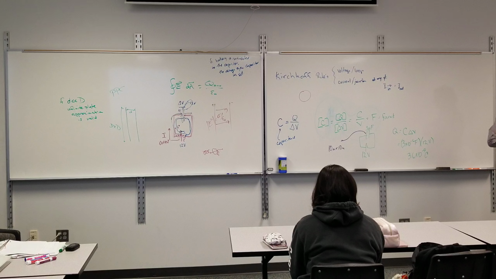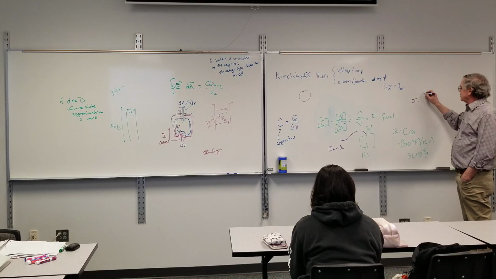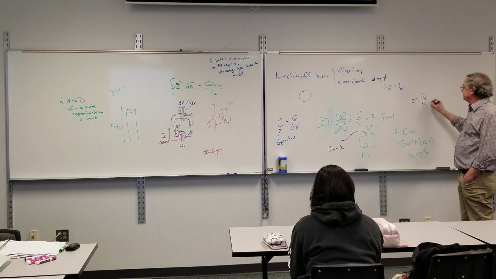Just take the charge divided by the area, which is 100. So surface charge density is the charge divided by the area.